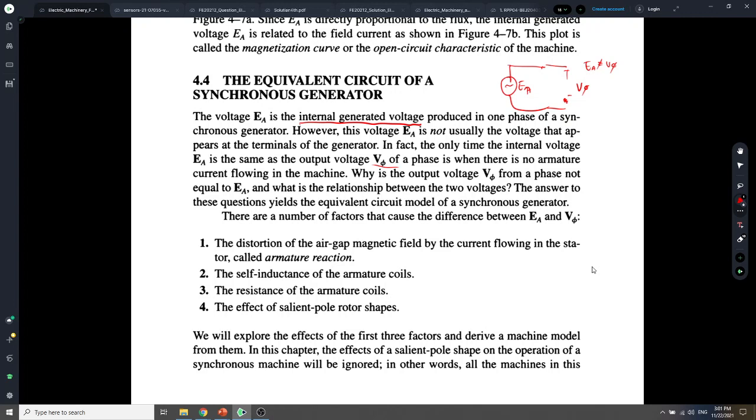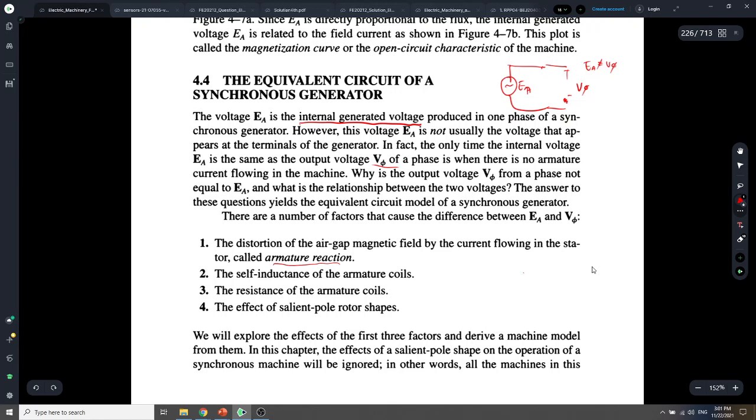The first point is because of the distortion of the air gap magnetic field by the current flowing in the stator. Dekat stator tu dia ada air gap and magnetic field. So this is called the armature reaction.